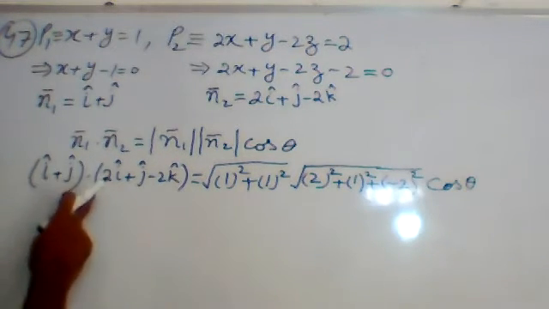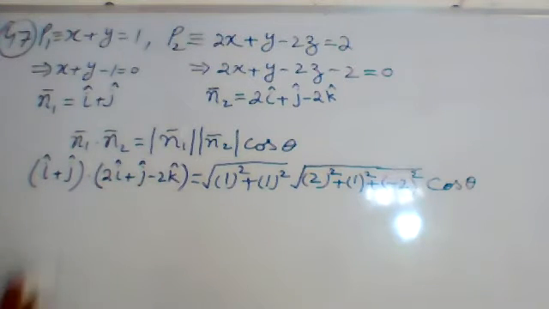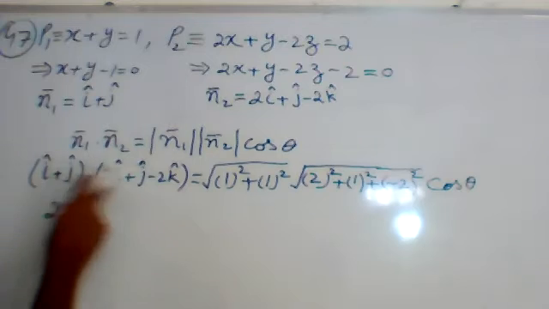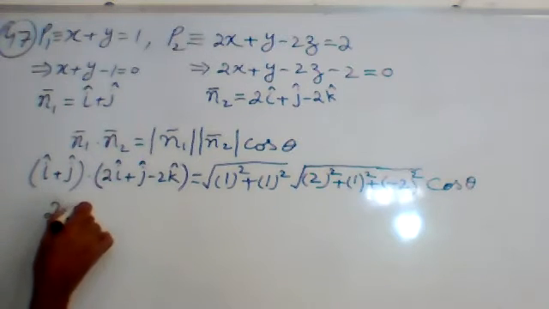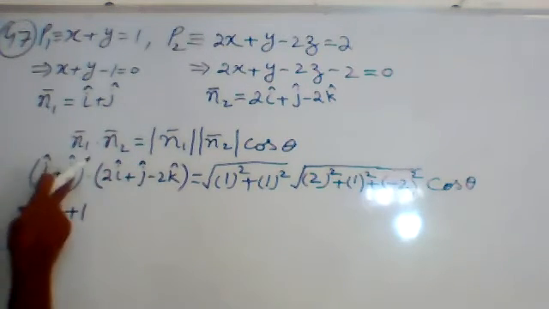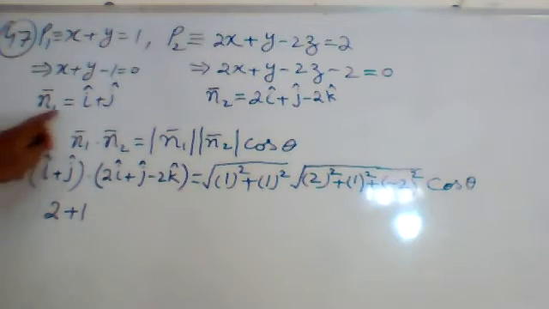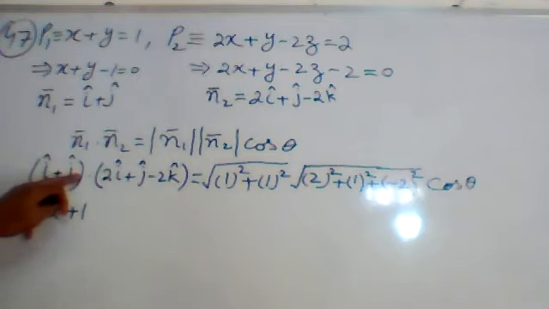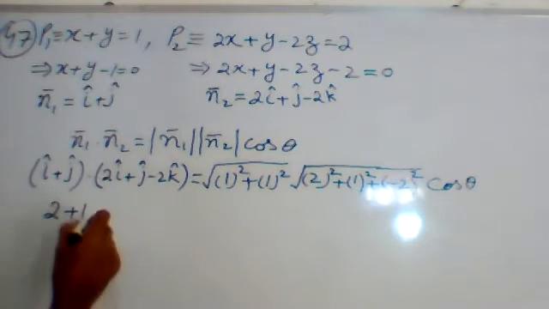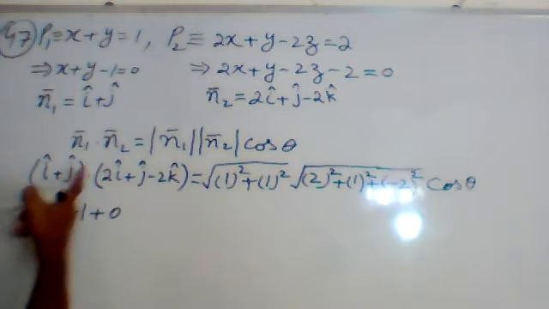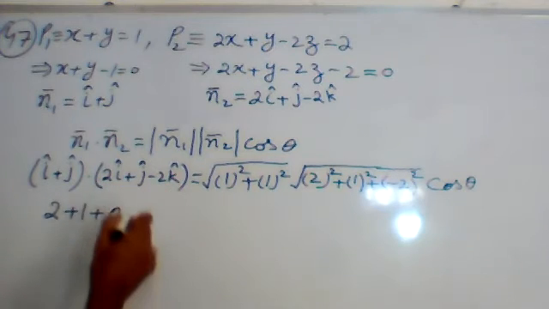i plus j dot 2i plus j minus 2k. So the i component is multiplied with the i component. 1 into 2 will be 2. 1 into 1 will be 1. The k component is 0 in the first vector n1, so 0 into minus 2 will be 0.